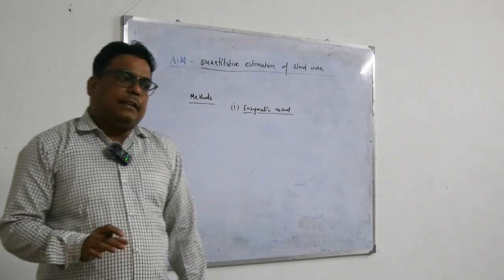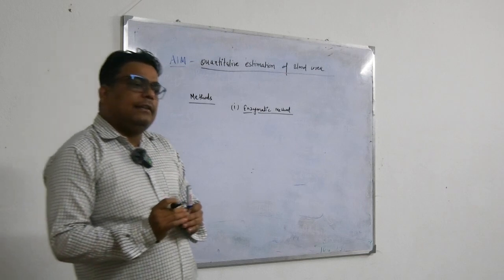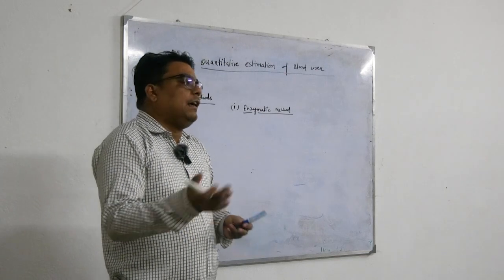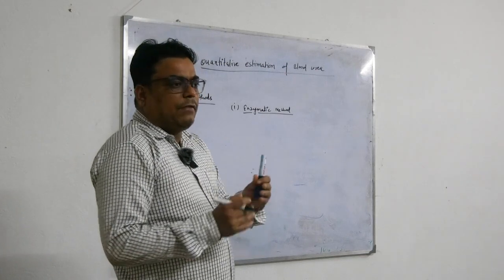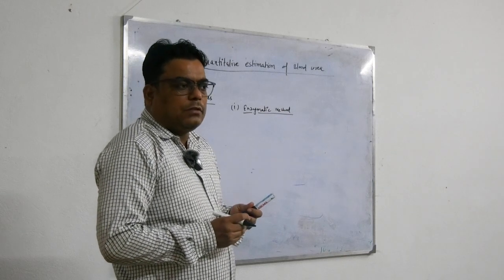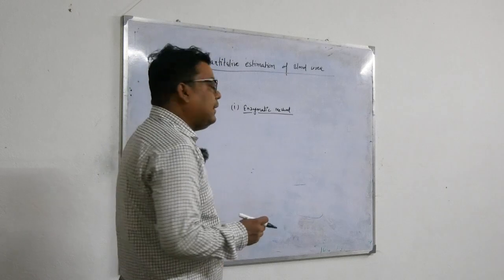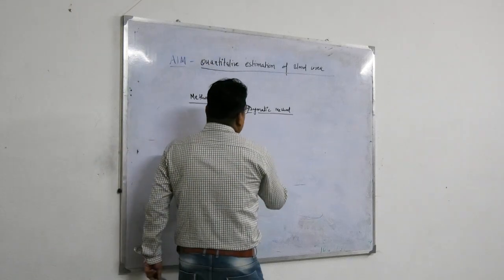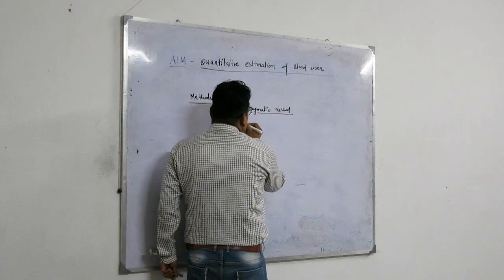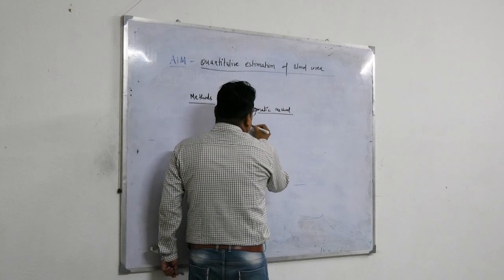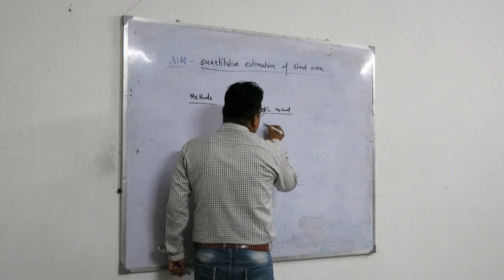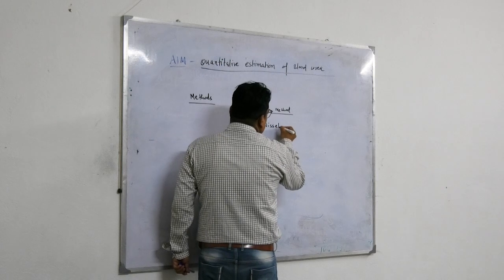In blood glucose also there were enzymatic and non-enzymatic methods. You know there is also a difference of method for blood glucose. The first method is the urease neutralization method.